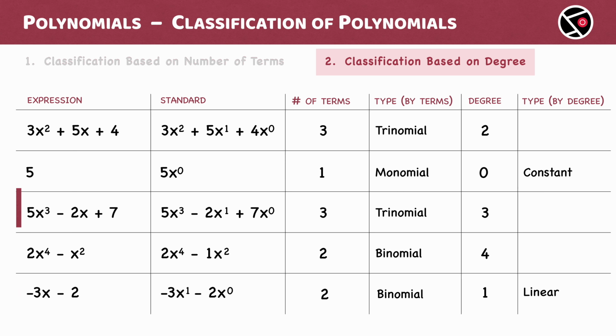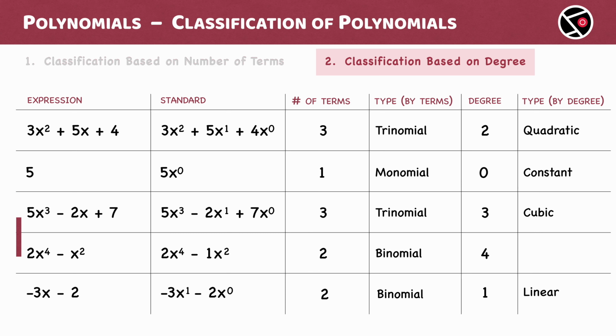Moving further, a polynomial with degree 2 is called a quadratic polynomial. A polynomial with degree 3 is called a cubic polynomial. As the degree increases, we simply refer to them as polynomials of degree 4, 5, 6, and so on.